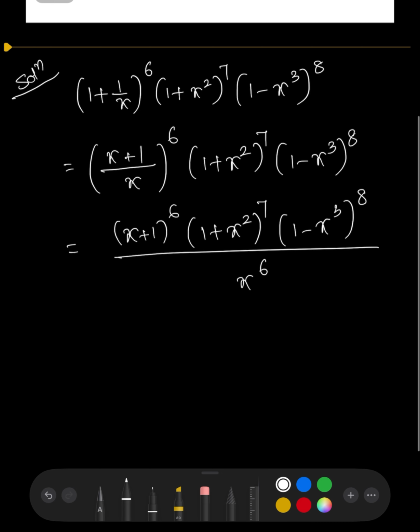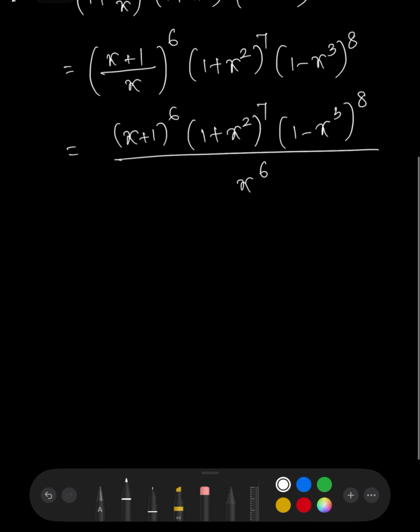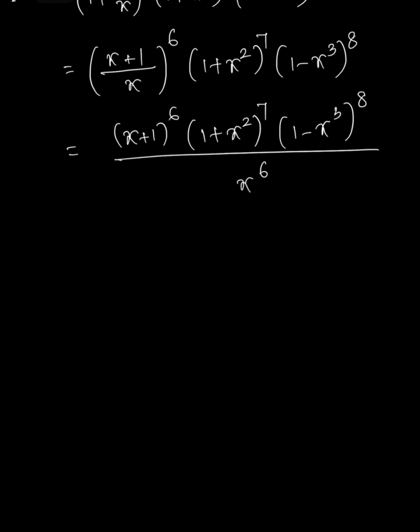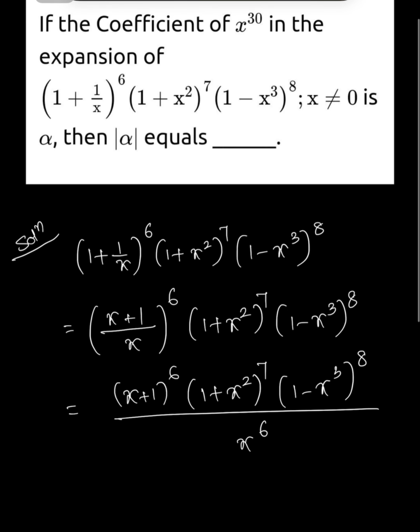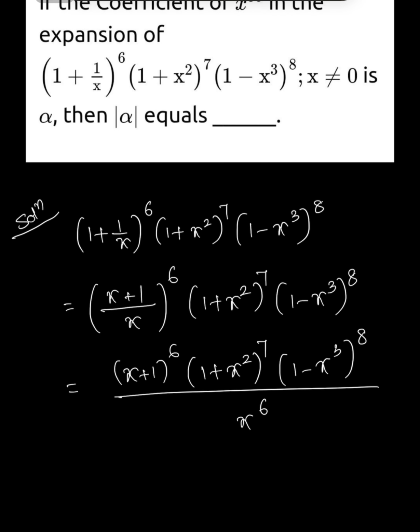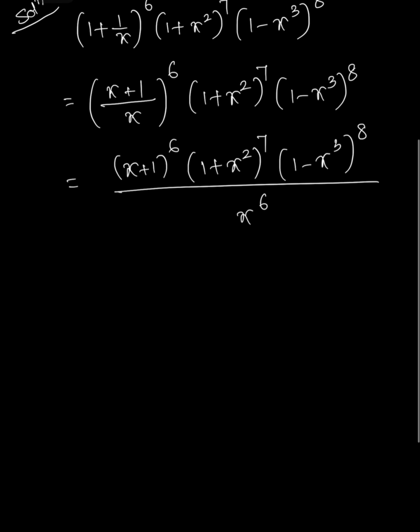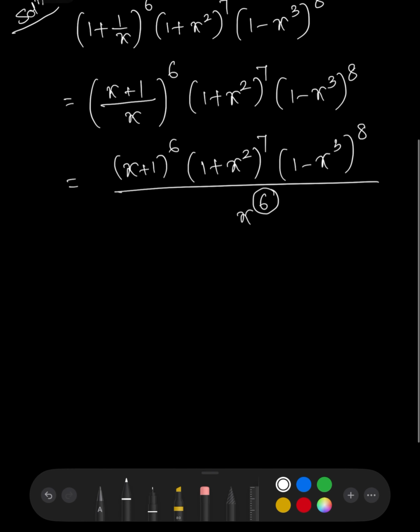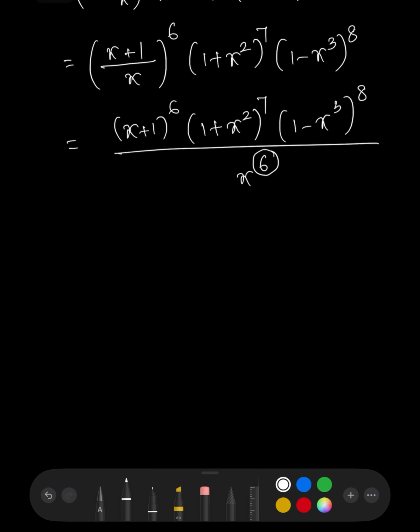Clearly, we need to find the coefficient of x power 30. But the given expression is divided by x power 6, so we want x power 30 in the whole thing.